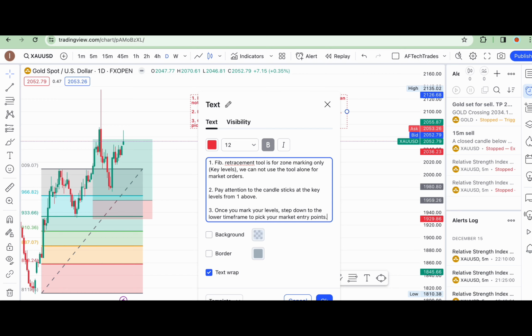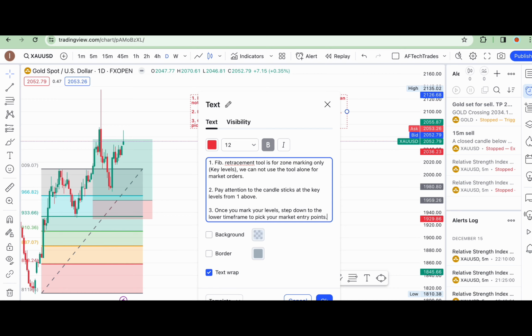Okay, it is usually not immediately that the candlestick touches the key level that you place your trade. You need to go and see what is happening in the lower time frame from the time frame you are actually looking at the retracement level. Step down to look at it so that you can also catch the early entry of that market.